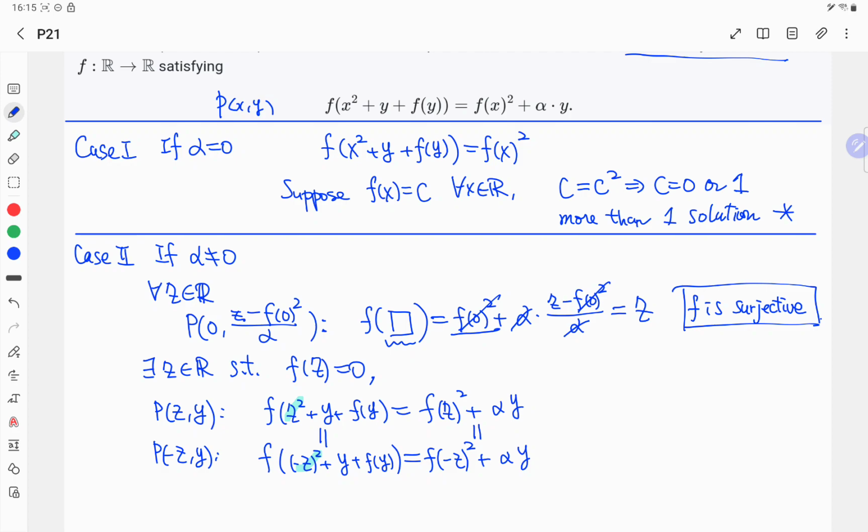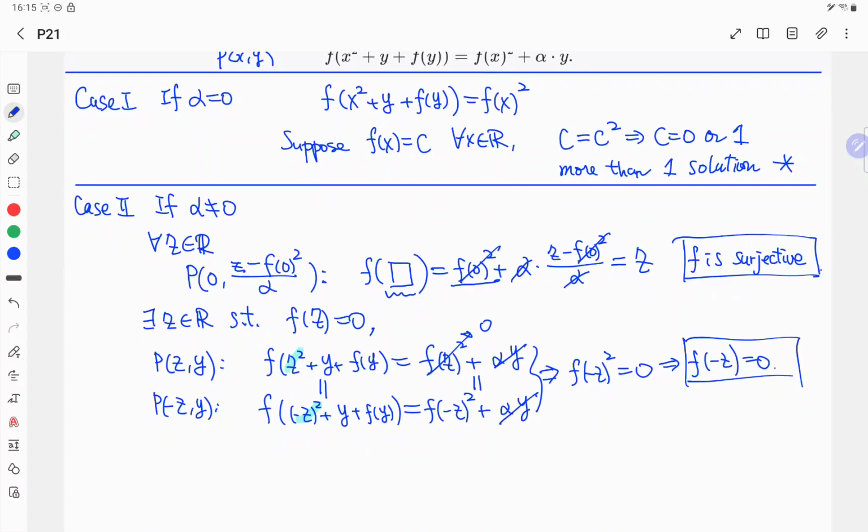In such a way, alpha y and alpha y can be cancelled, and f of z is 0. So we have f of negative z, quantity squared, to be 0, which means f of negative z is also 0. So f of z is 0, f of negative z is 0.